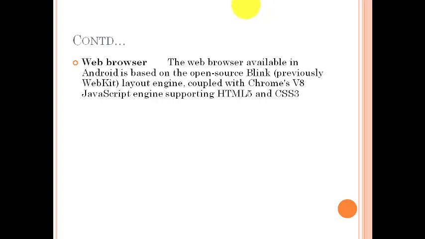The web browser available in Android is based on the open source Blink, previously WebKit layout engine, coupled with Chrome's V8 JavaScript engine, supporting HTML5 and CSS3. Whatever features the web browser supports in a computer system, all the features are available in the web browser of Android. It can execute pages with HTML5 and CSS3 code.